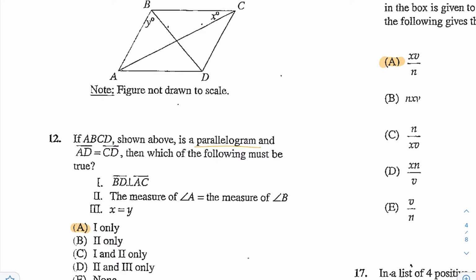So here, AD is equal to CD. But AD is also equal to BC because opposite sides are equal. And CD is also equal to AB, but since it's also equal to AD, that means all 4 sides are equal. This is essentially a rhombus.